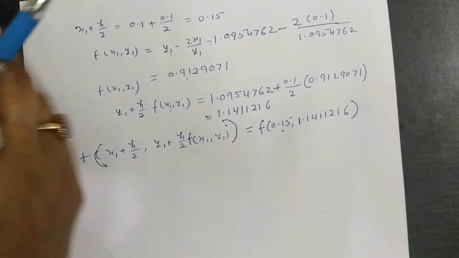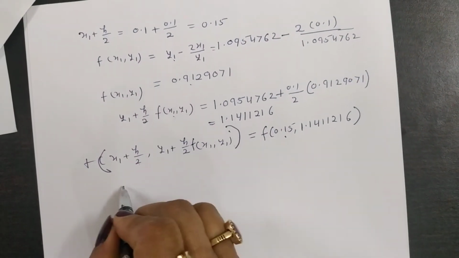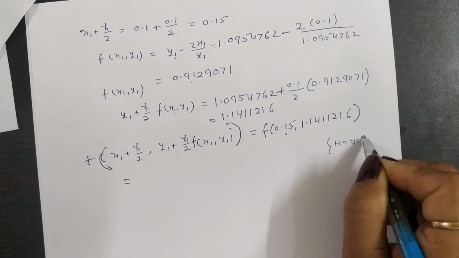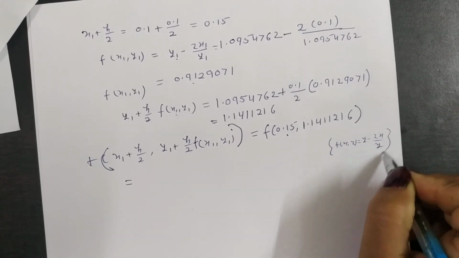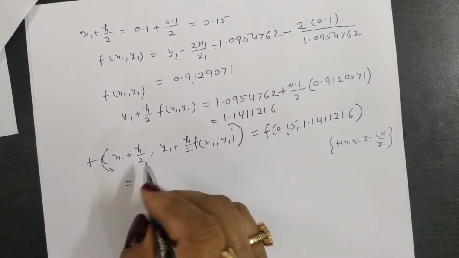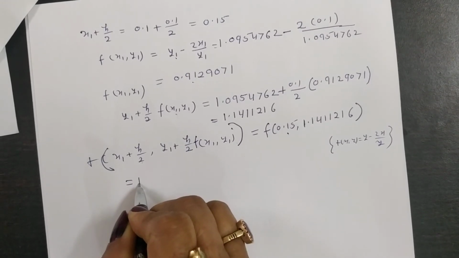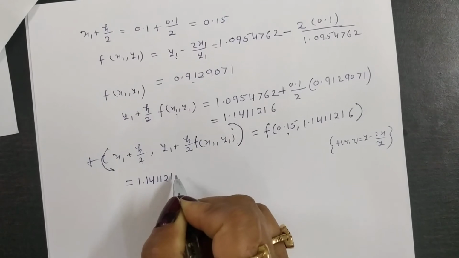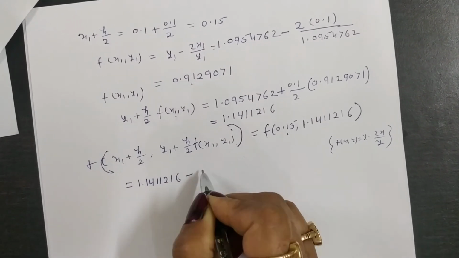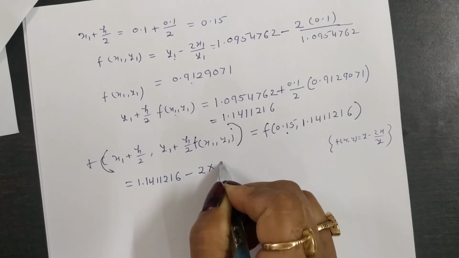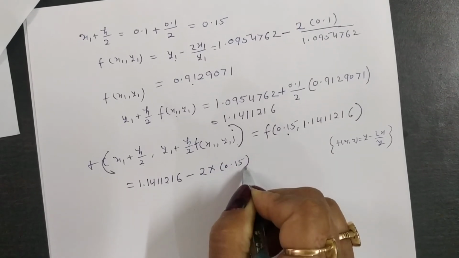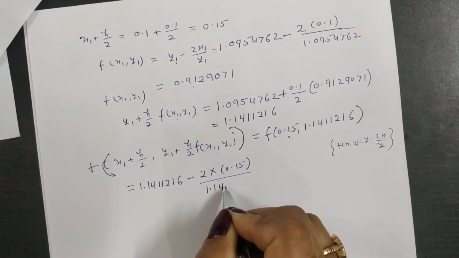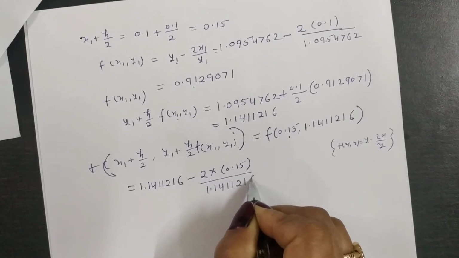So f of xy is equal to y minus 2x by y. Here y is 1.1411216, minus 2 times x, which is 0.15, divided by 1.1411216.